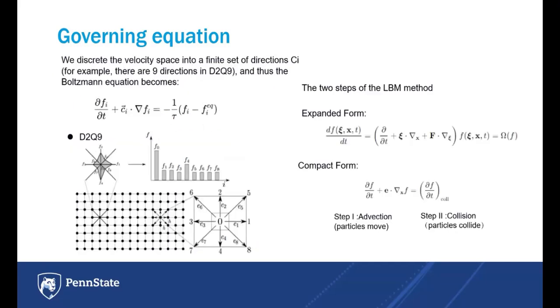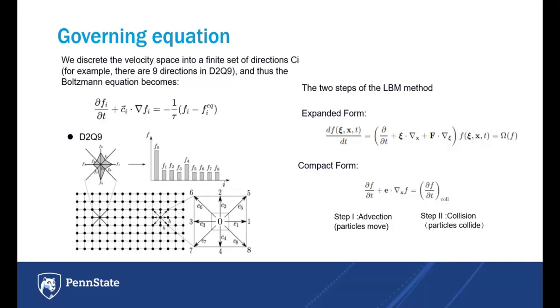In the continuous Boltzmann equation, particles can have any velocity, but to make the problem tractable for numerical methods like LBM, we discretize the velocity space. This means we limit particles to a finite number of directions.